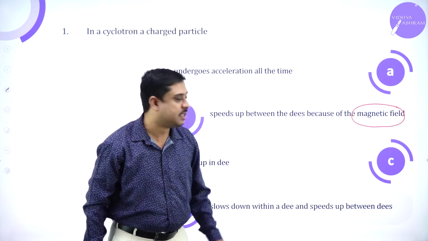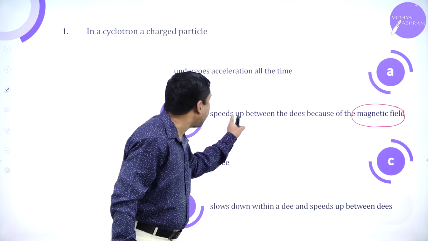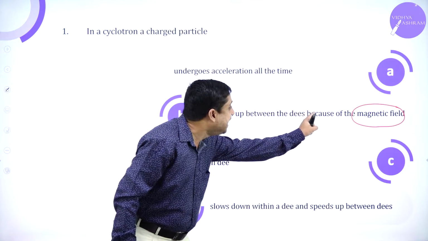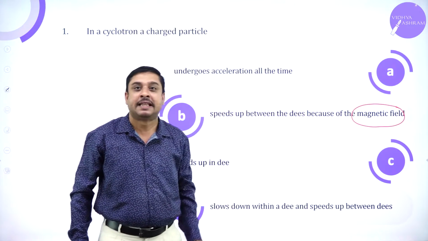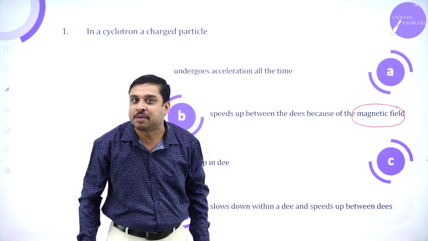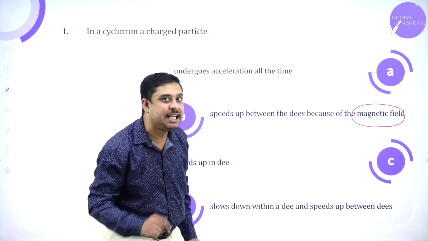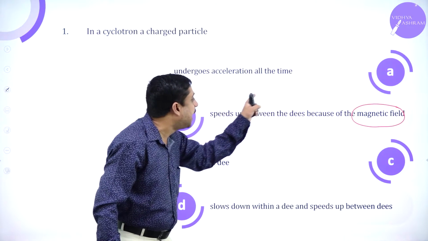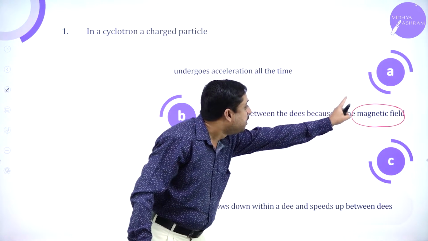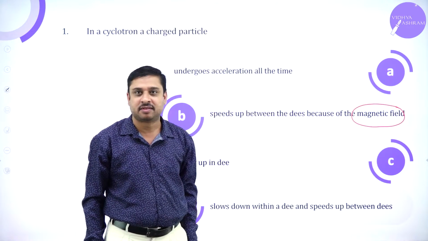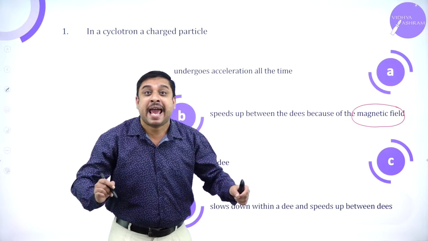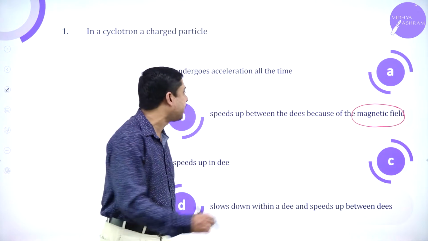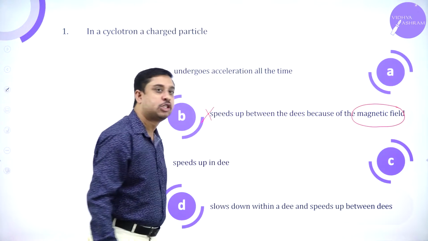Analyze, students. Is it possible? No. Why? Very clearly the theory says the charged particle speeds up due to the electric field. So the presence of electric field in a cyclotron will speed up the charged particle. So this option does not hold good.